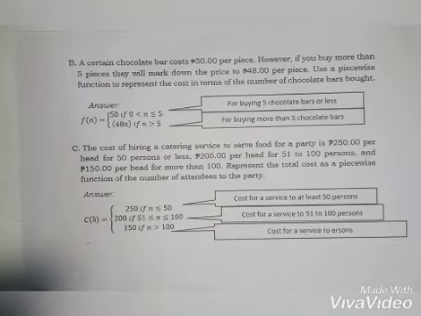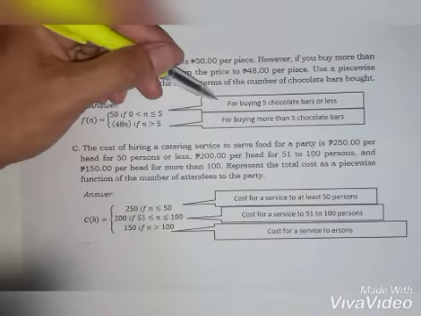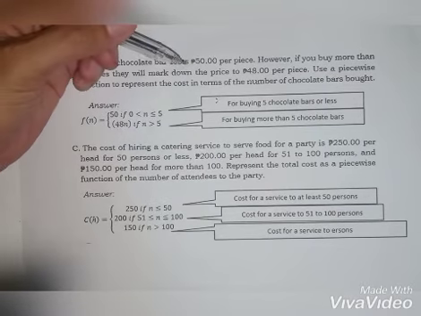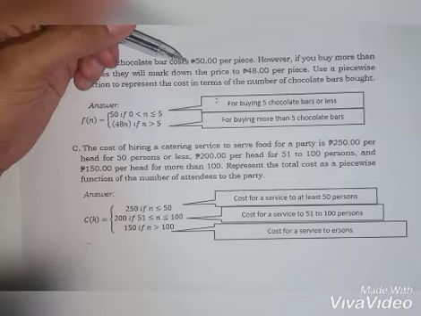So we have two conditions or situations. How much does a chocolate have? 50 peso. But if you buy more than 5, that will be 48 peso. So for buying 5 chocolate bars or less, what are the numbers up to 5?